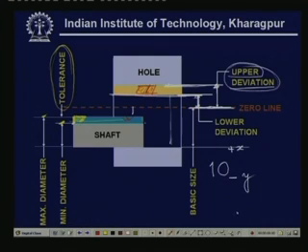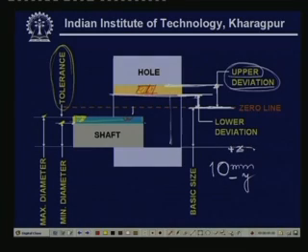What does it mean? That means the shaft has a nominal size or basic size of 10 mm, whereas its dimension can increase by x mm in the upward direction, or it can be lowered by y mm in the downward direction. Means it can be 9 point something or it can be 10 point something.